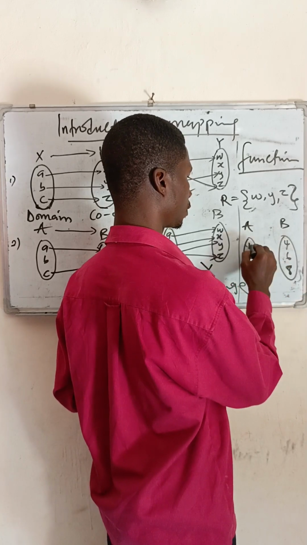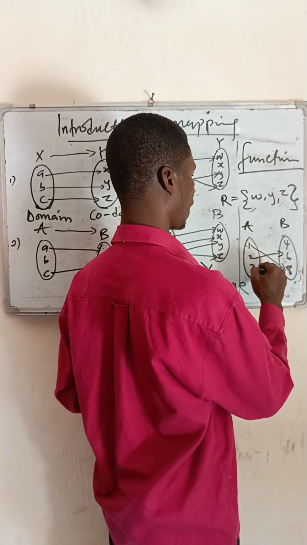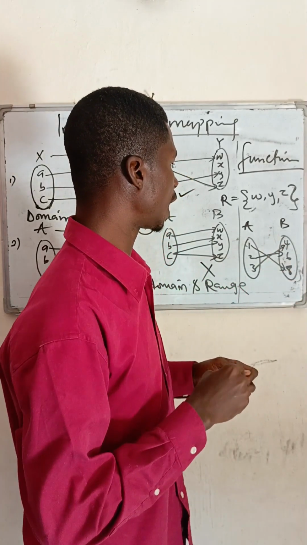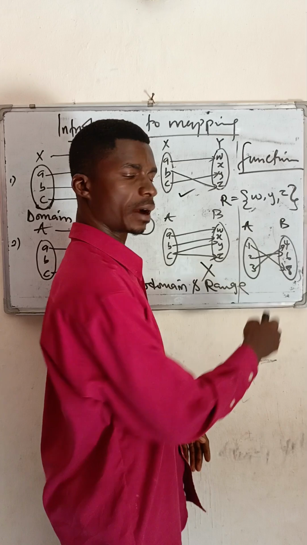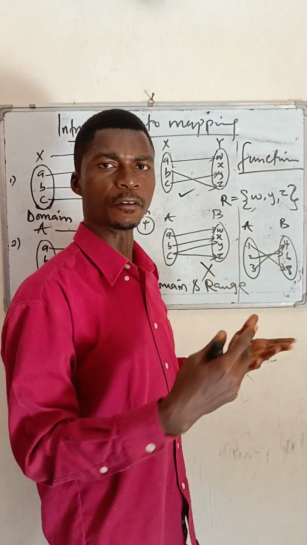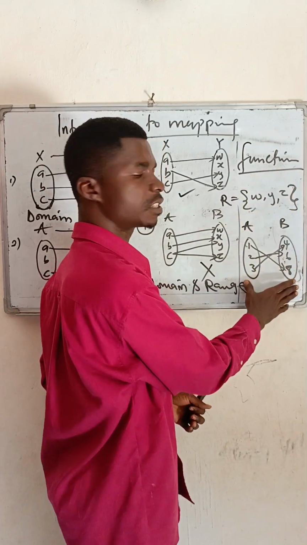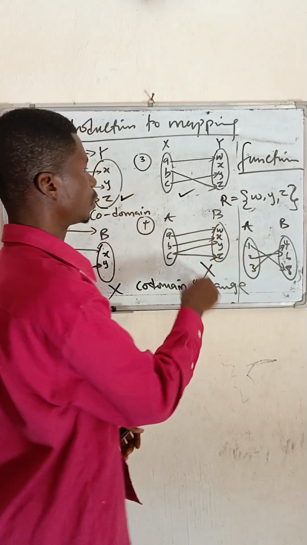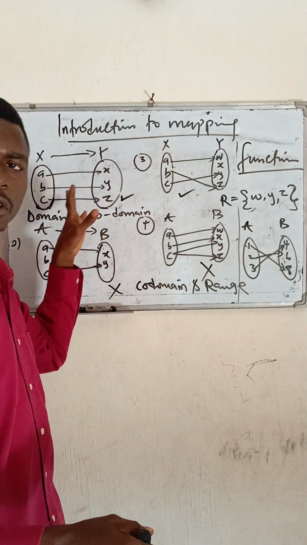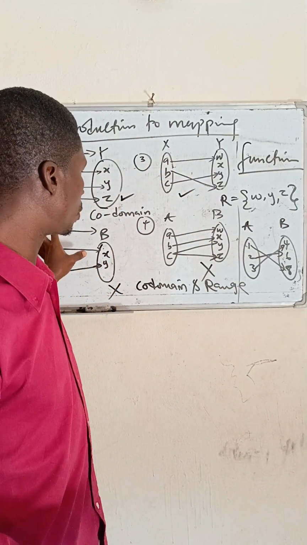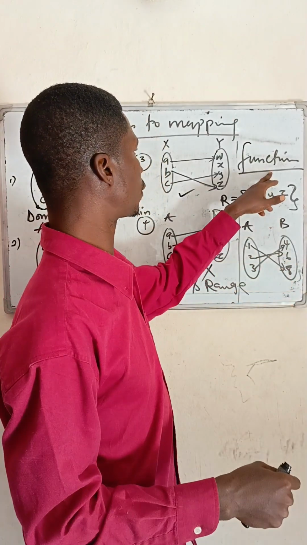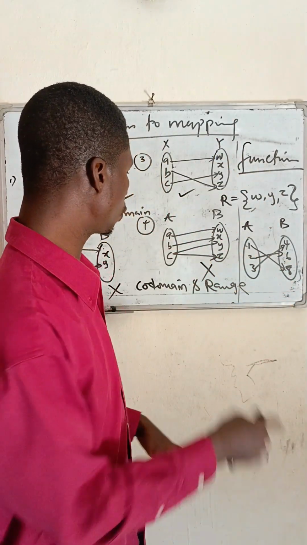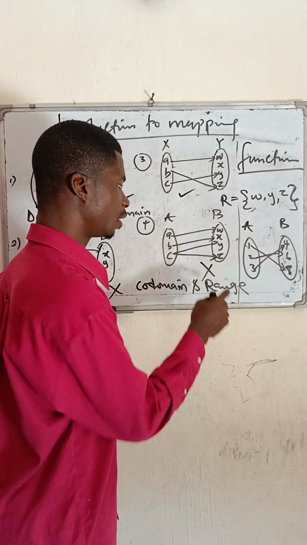Are you seeing this now? If they are sets of real numbers, we call it a function. So in this case, this is a function. So that's how you differentiate a function and mapping, and also codomain and range.